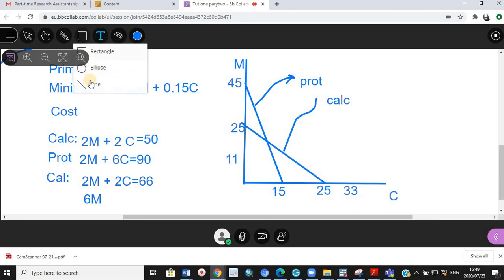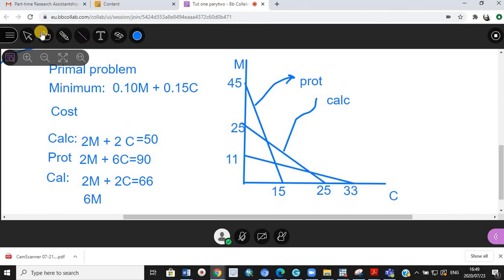And I'm going to do this. Very good. So this is going to be calories. Calories. Very good.